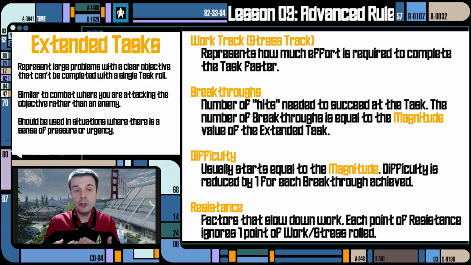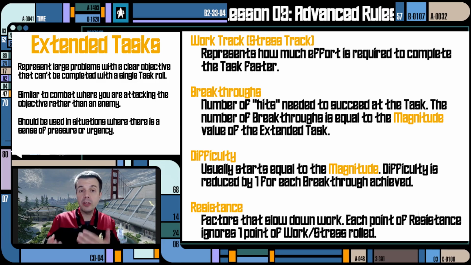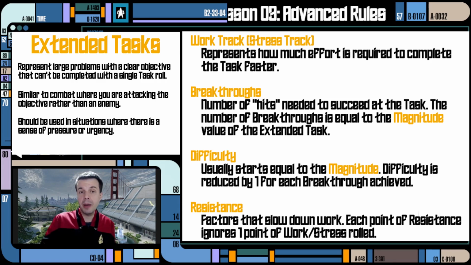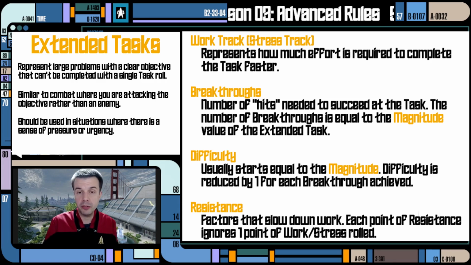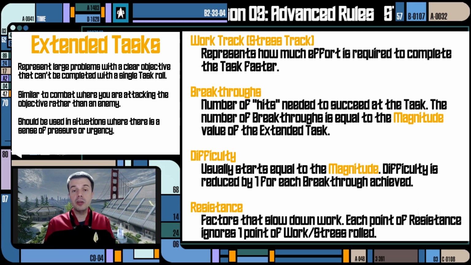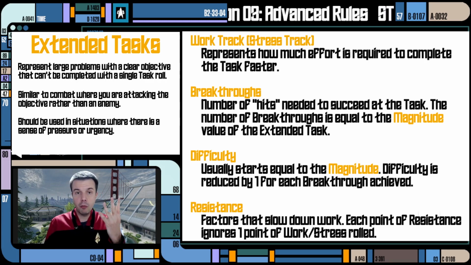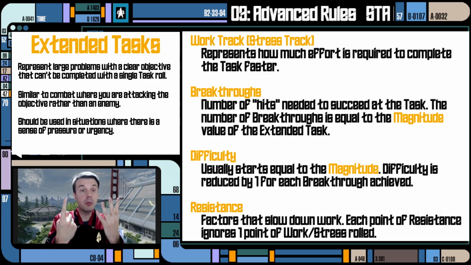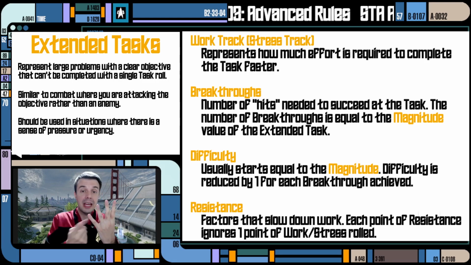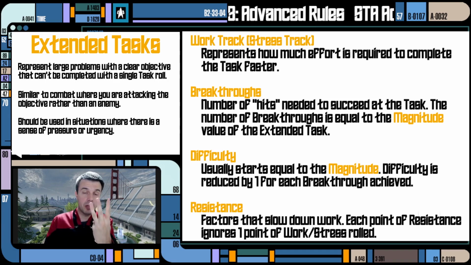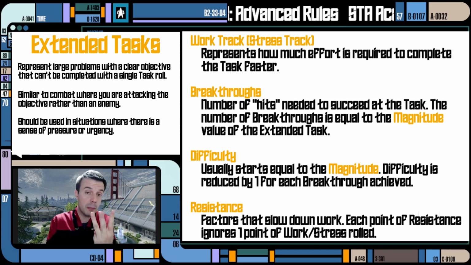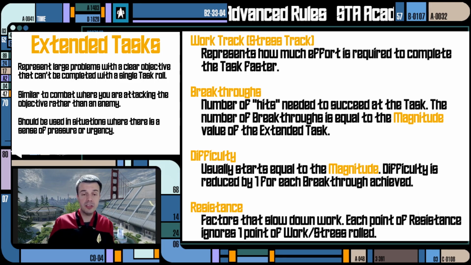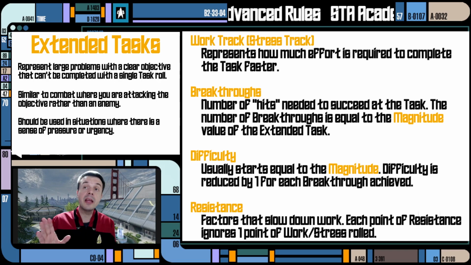So when you would be pulling points off the work track, the resistance cancels out some of the work that you are accomplishing. So for example, if you deal 4 points of work or stress to the work track, and there's 1 point of resistance on the extended task, it's going to eat up 1 of those 4 points. So you're only dealing 3 points, 3 hits onto the work track. That's all resistance is. It's pretty easy to understand.